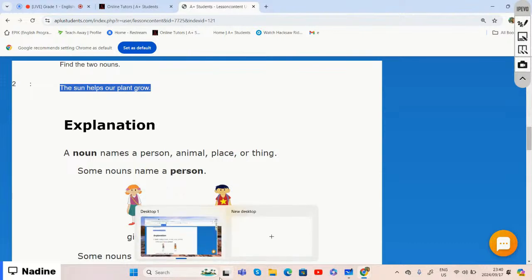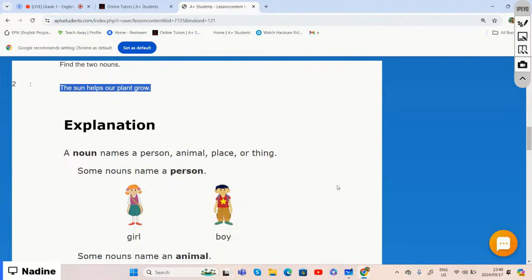We need to identify two nouns within that sentence. Two nouns. The sun helps our plant grow.